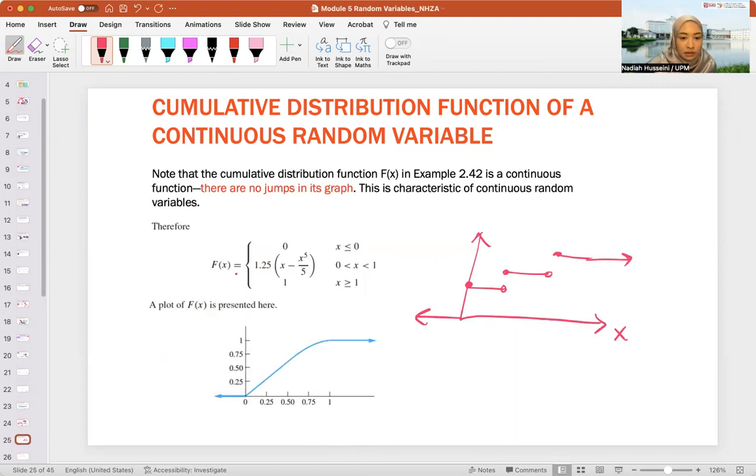And we put it like this. So if I ask you to list out the cumulative distribution function of a continuous random variable, this is how you write it down. If I ask you to plot it, I'm going to give you guys an easy function to plot, but you have to make sure it is continuous and not like this guy over here. This is wrong. Okay, so again, the x-axis is your random variable, and this guy is your probability.